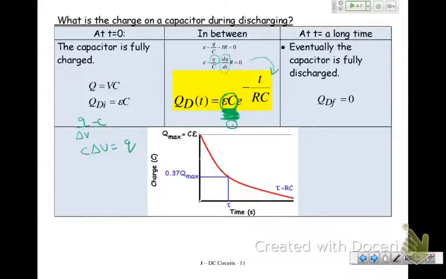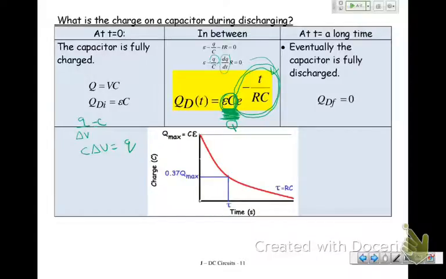That is my Q. So my Q is equal to my maximum Q modified by this exponential. The exponential is governed by this minus t over RC. When t is equal to RC, I have e to the minus 1.